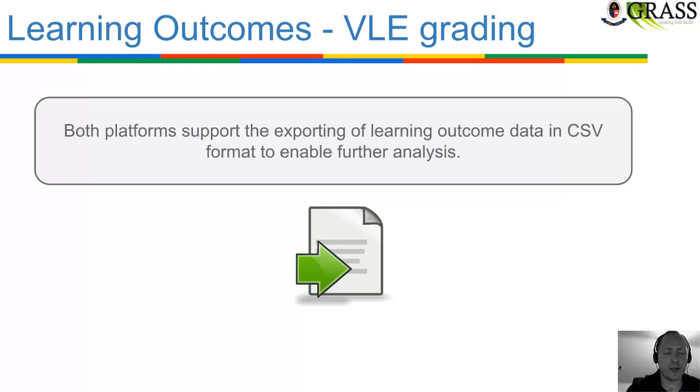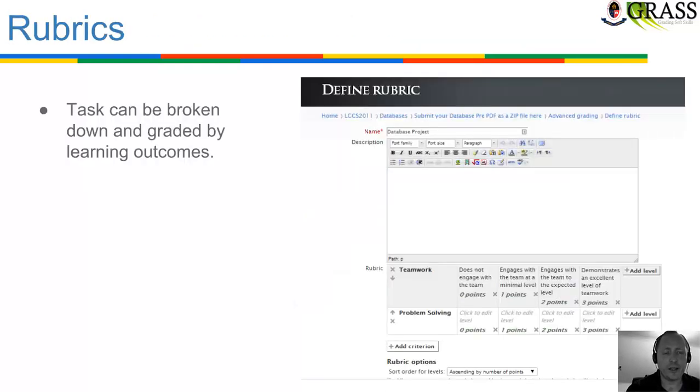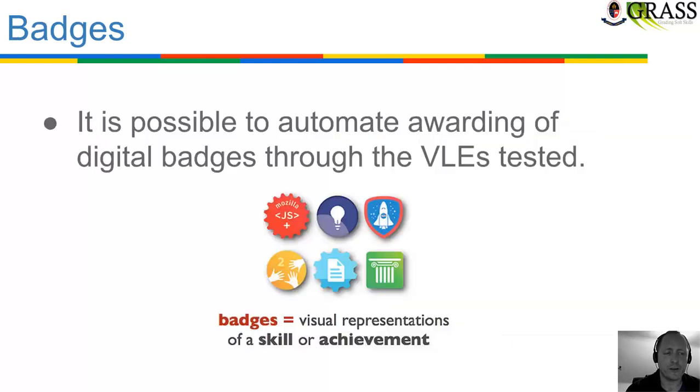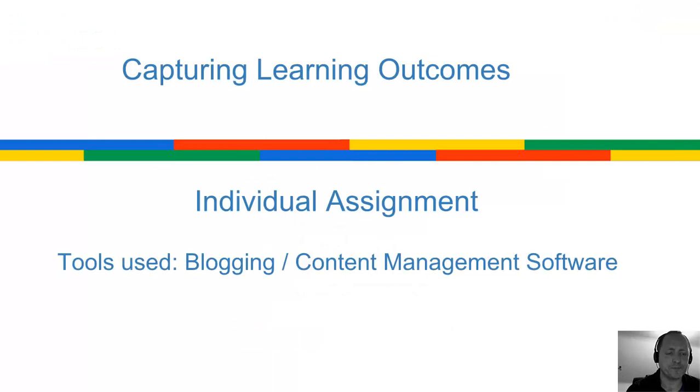These reports can be exported as CSV files for further analysis. And a second approach would be to grade the individual tasks using predefined rubrics. It is also possible to automate the process of awarding badges through the virtual learning environments, which is something that we have been looking at developing for next year.